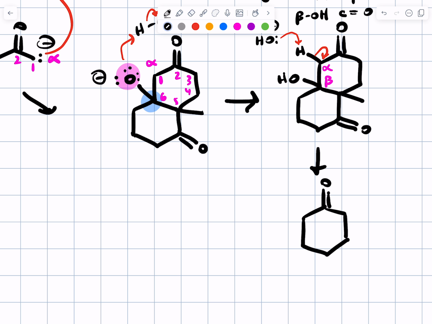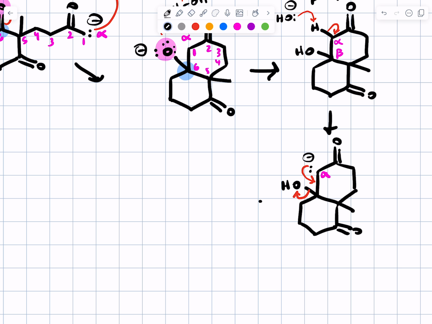And then the negatively charged lone pair on the pink alpha carbon is going to kick down and kick off the beta OH group. A negatively charged carbon can easily kick off an OH minus group. And when that happens, what we're left with is our Robinson annulation product.